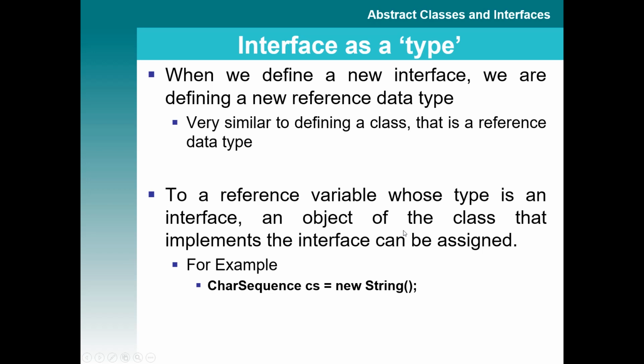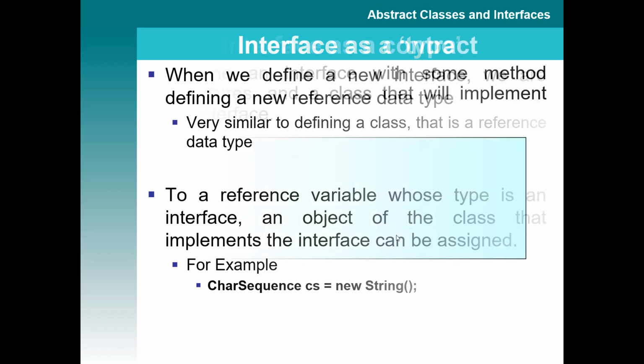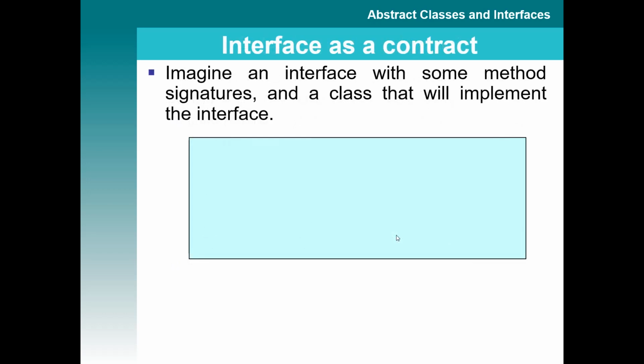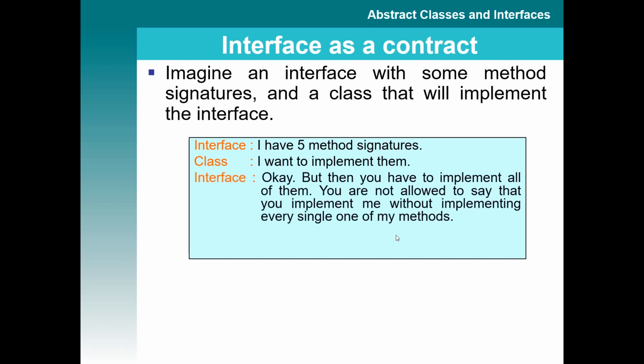As you can probably think, very similar to abstract classes, these interfaces are also used for polymorphic invocations. An interface, we also say, serves as a contract between design and implementation. If you have an interface which has 5 methods, and a class wants to implement that interface, then that class must implement all of the methods present in that interface, which means it must override all the methods present in that interface.